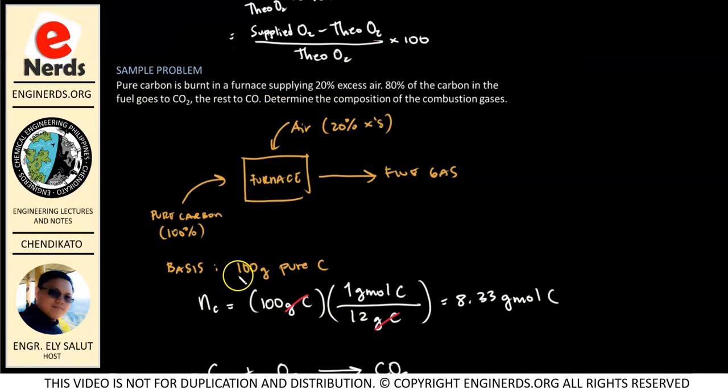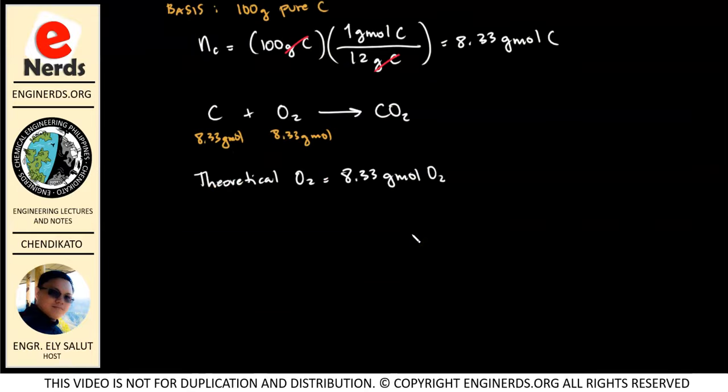Okay, so sabi sa given natin, we have 20% excess air, no? So therefore, we also have 20% excess ng O2. So, paano yon? Paano natin ginagawa ngayon yung supplied O2? Meron tayong 8.33 gram mole ng O2 para sa ating complete combustion.